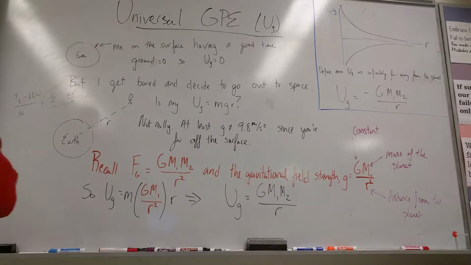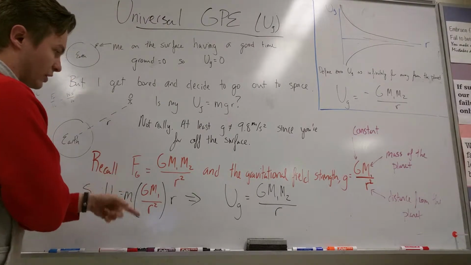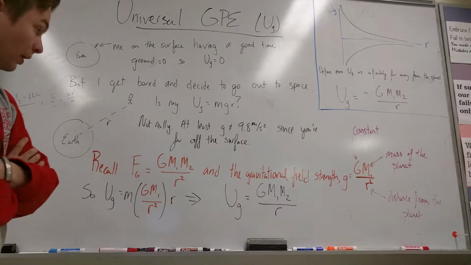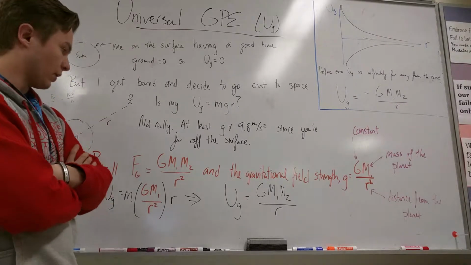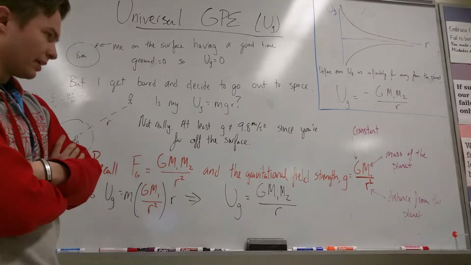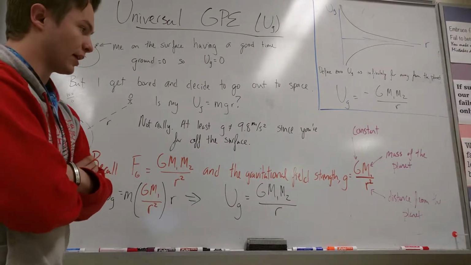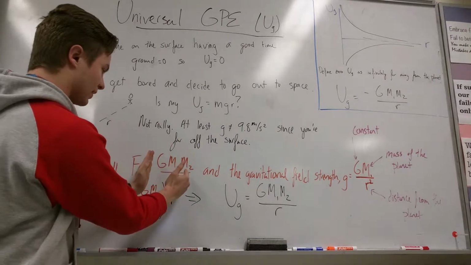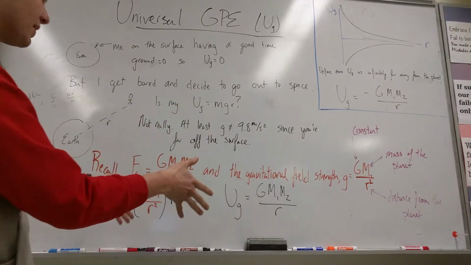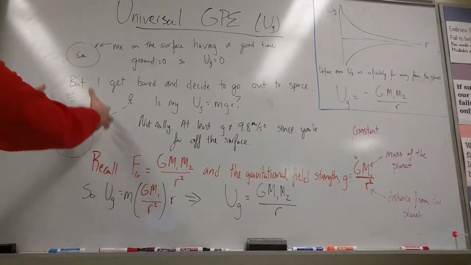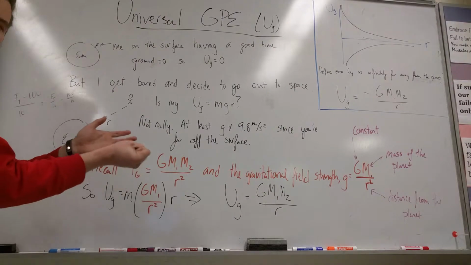We need to go back to the force of gravity equation that Newton came up with that works everywhere, G m1 m2 over r squared, and take a closer look at the gravitational field strength. So we picked out a part of this and said that's g, a constant based on whatever planet is pulling another object inward.